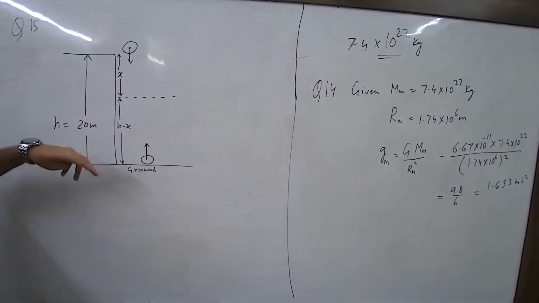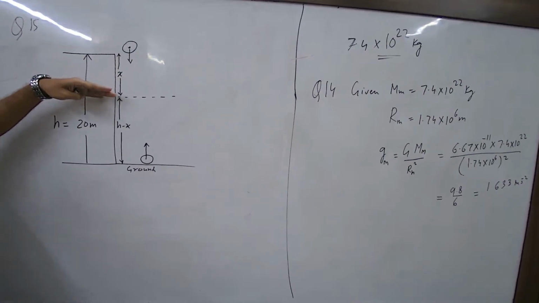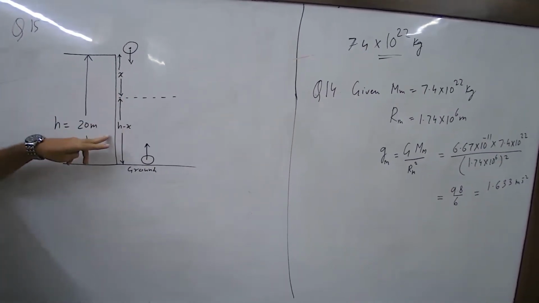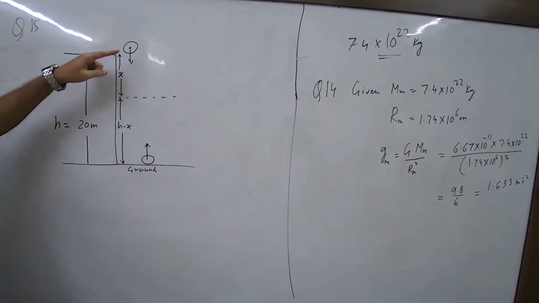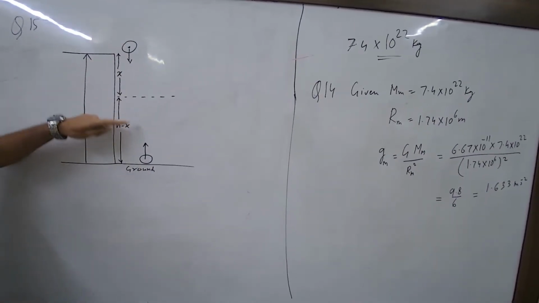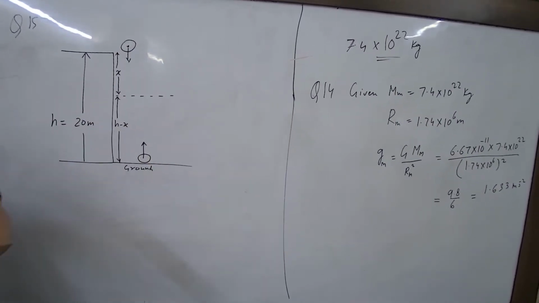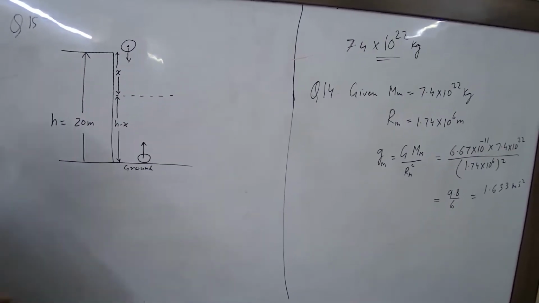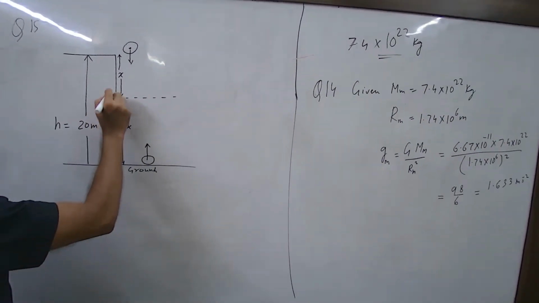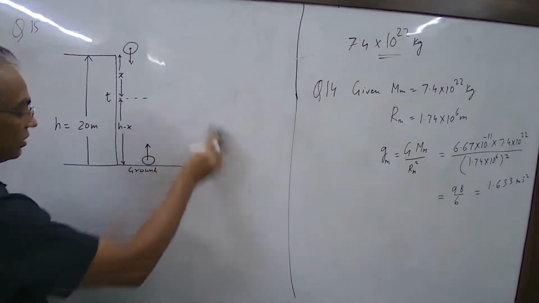The time taken for this ball to reach here and for this ball to reach here is the same, because when they are meeting, the time involved is the same. So let's say they meet at time t.